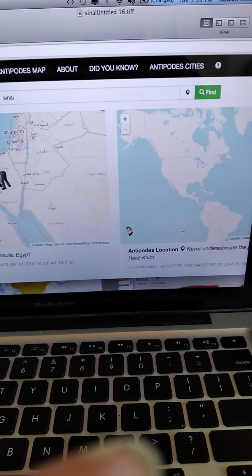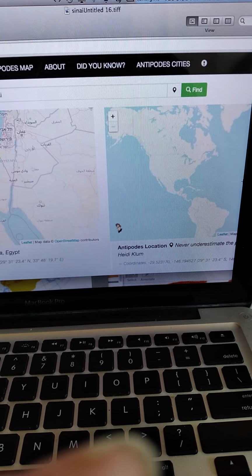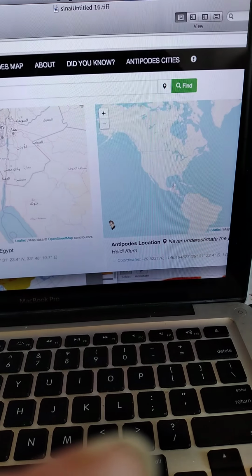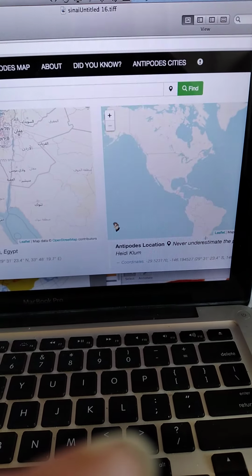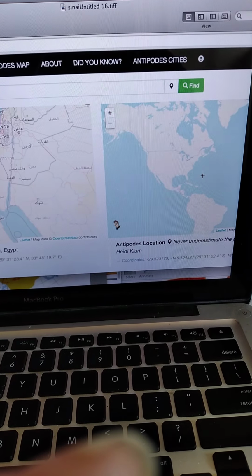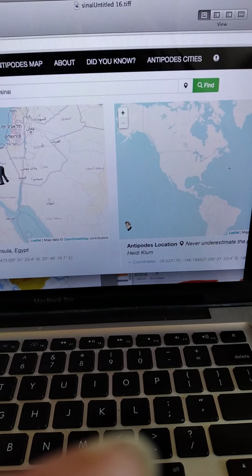But yeah, by it being China, it goes to this longitude, which passes through the eastern tip of North America, and might pass through Greenland.